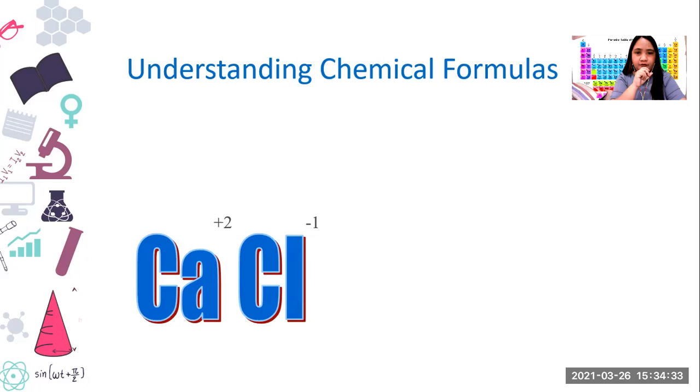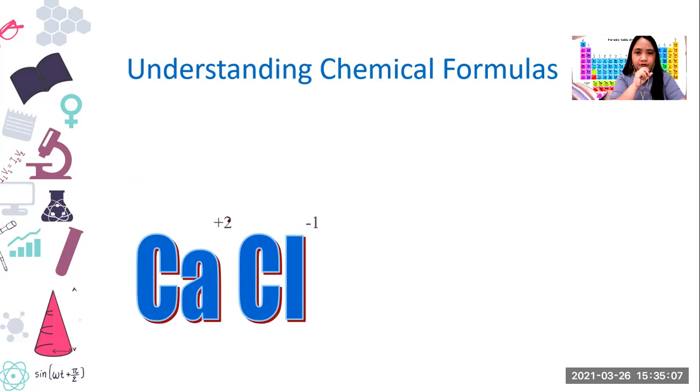Likewise, for calcium and chlorine together, you have to make sure that the oxidation number should be 0. There's actually an easier way wherein you just overlap and go across. So CaCl, I don't think this is neutral, because this is positive 2 and negative 1.